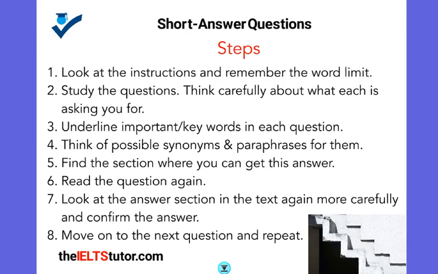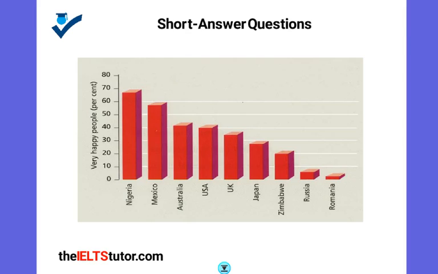Okay? Now, what we're going to do first is, before we look at an example passage, we are going to try to orientate ourselves to the text first. I'm just showing you this graph. Okay. My first question is, look at this graph.